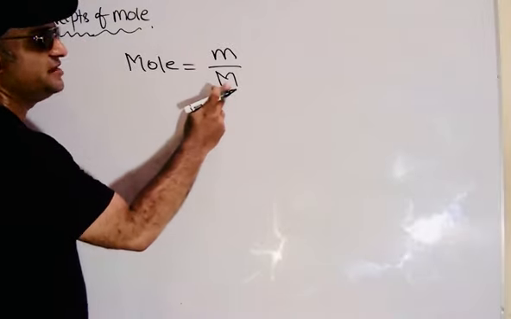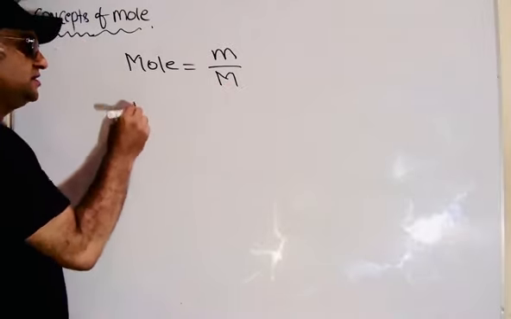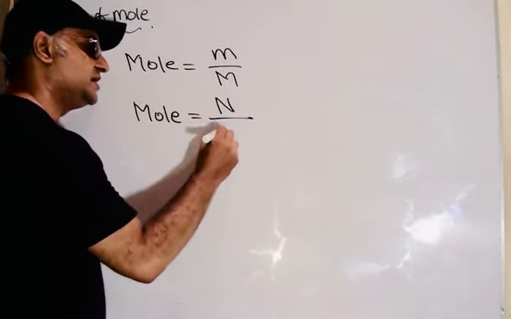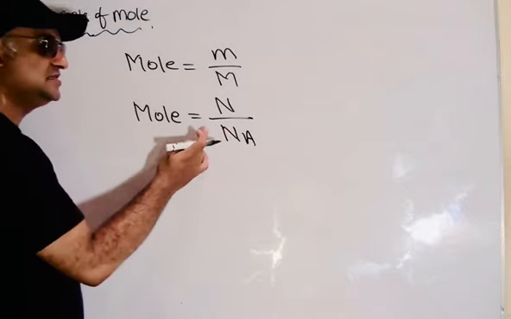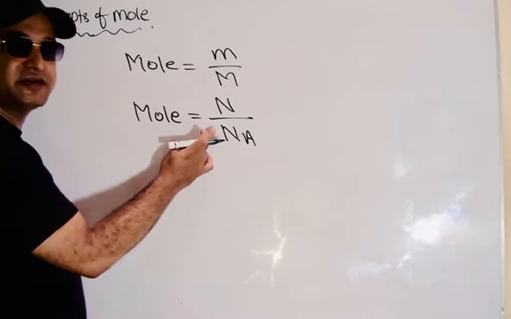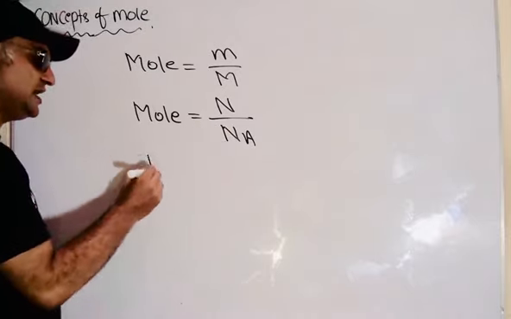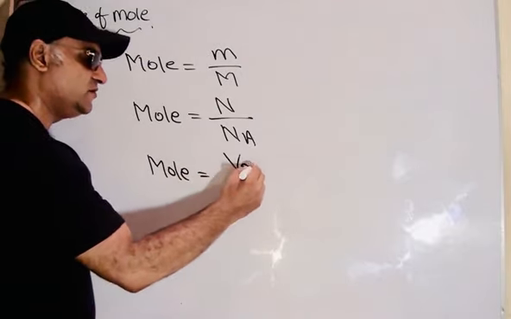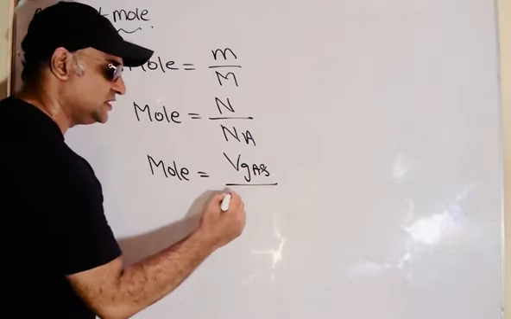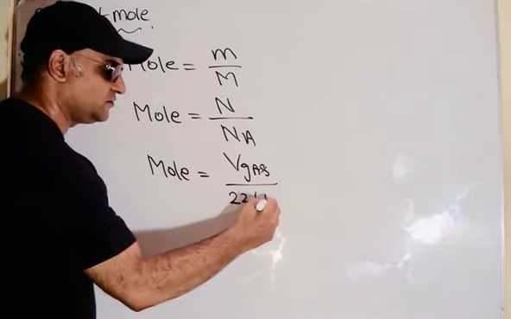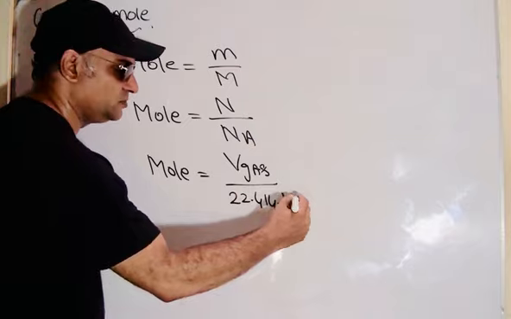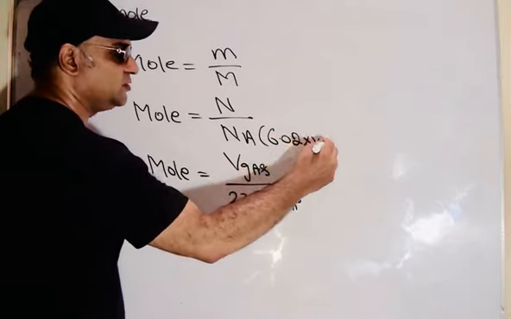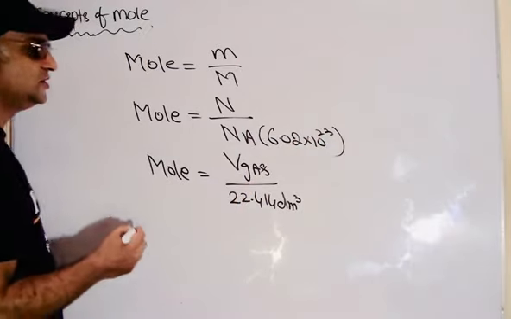This is the mass related concept of mole. Then we discussed number of particles by Avogadro's number. This is the particles related concept of mole. And the third is dividing the volume of gas by 22.414 dm cube, and Avogadro's number is 6.02 into 10 to the power 23.